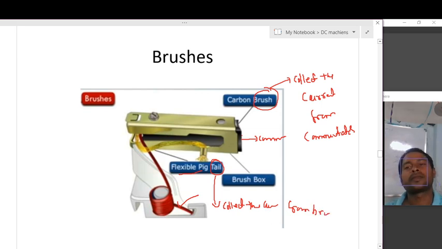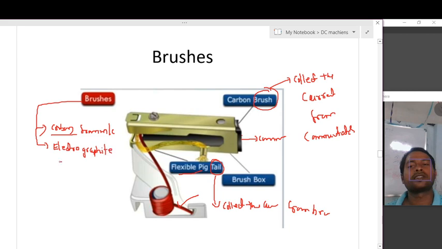The material used for brushes is carbon for small machines, and electrographite for large machines.